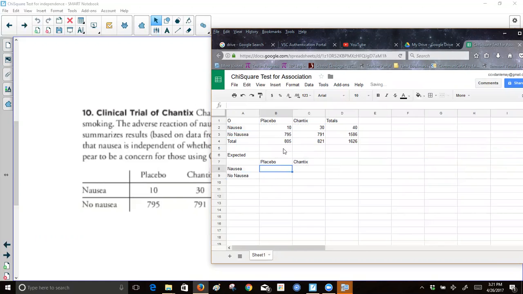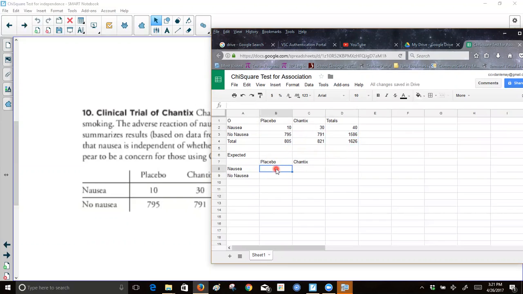Okay. So what I'm going to do is I'm going to take the 4, because I'm looking for the cell that's in the first row and the first column. I'm going to take the first row total, multiply it by the column total, and then I'm going to divide it by the table total.